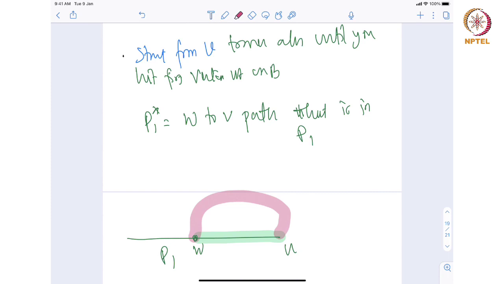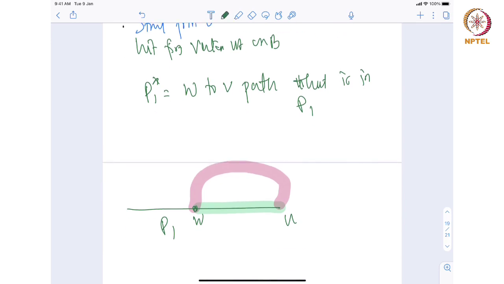So none of these vertices contains any vertex from P1. What you know is that this is of length at least k. So what have I been able to show?